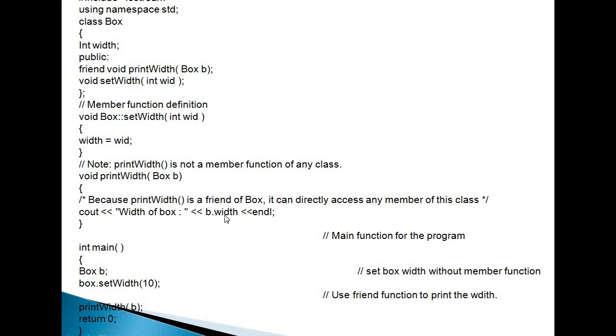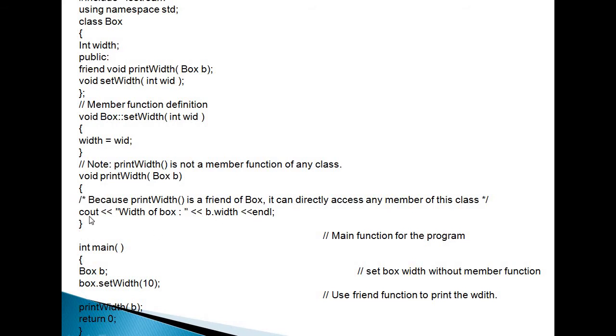You see, width is a private data member of class Box and b is an object of Box type. So we can access b dot width through the friend function. It will work because it is a friend function to the class Box. That is why it is correct.